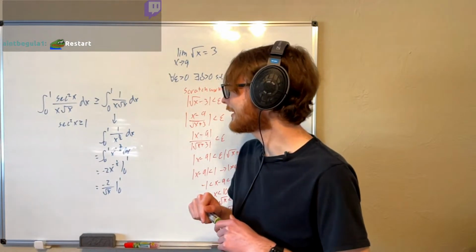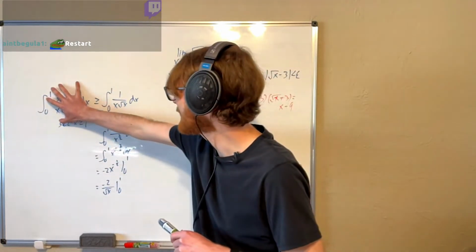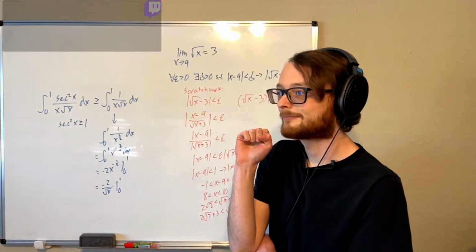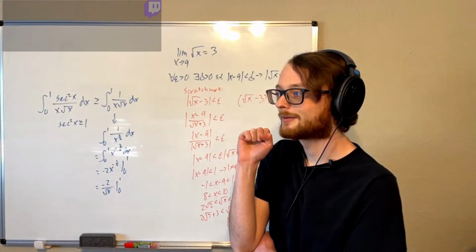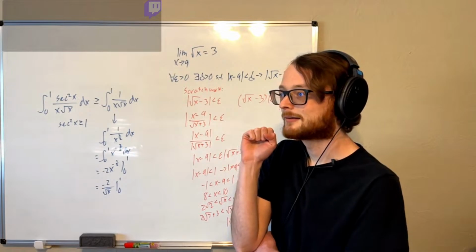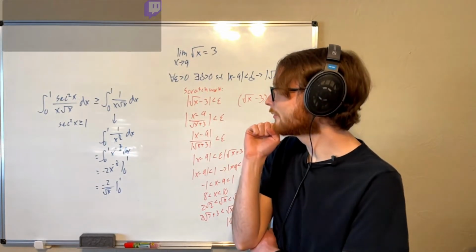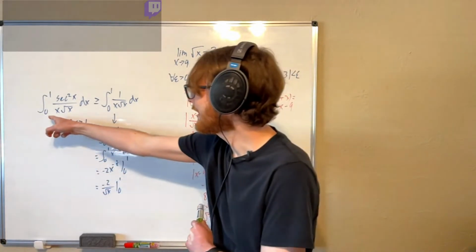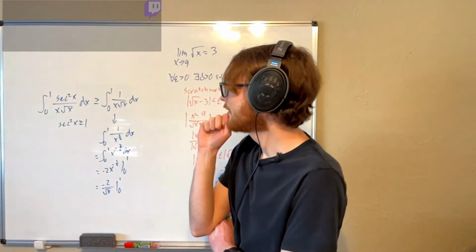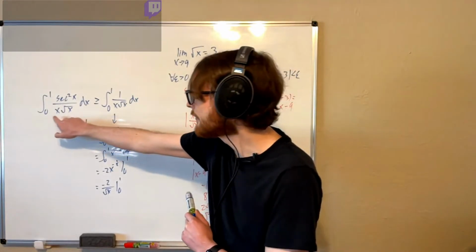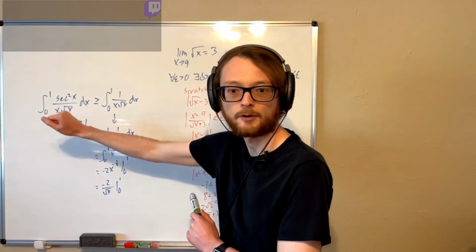Okay, so if I'm going to back up to the very beginning here, how should I explain this? So our interval is 0 to 1. The x over root x on the bottom has a problem with 0, because that means we're dividing by 0 here.